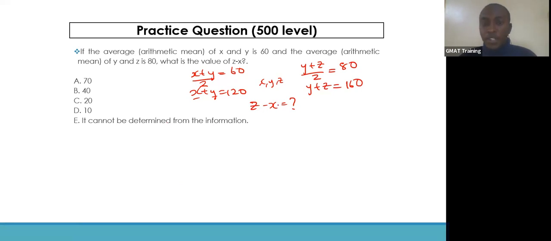We can eliminate the value of Y, rearranging to have Y plus Z equals 160 and Y plus X equals 120. Subtract these from each other, and you have Y minus Y, that's 0, and Z minus X in this case equals 160 minus 120, that's 40, and the answer is B.